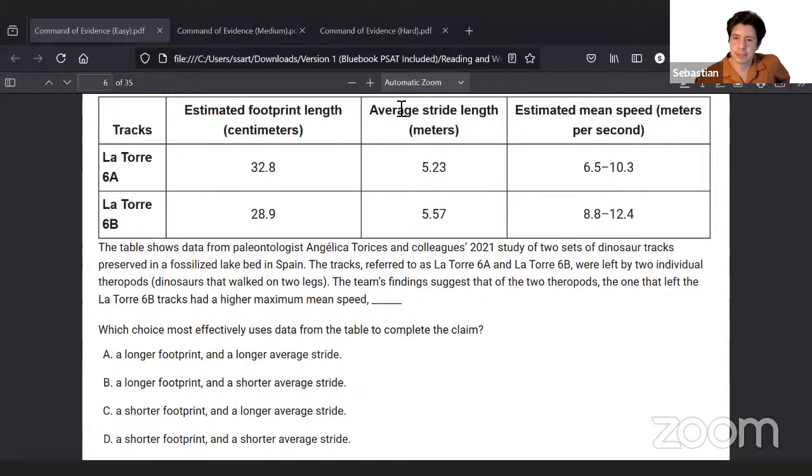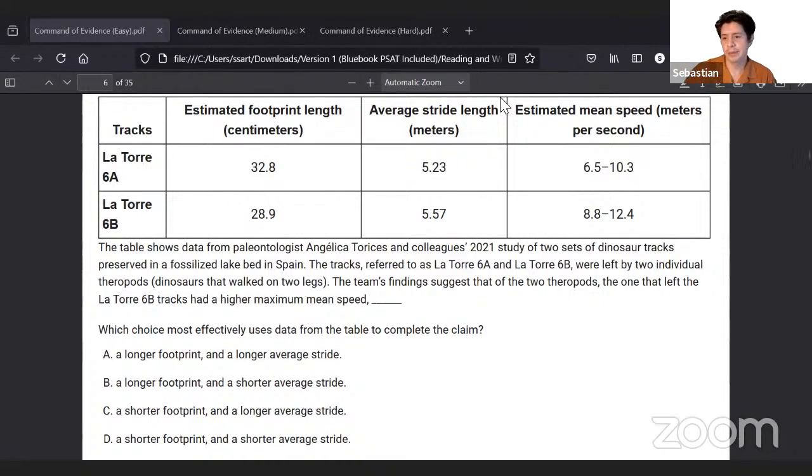The team's findings suggest that of the two theropods, the one that left Littoral 6B tracks had a higher maximum mean speed. Okay. Which choice most effectively uses data from the table to complete the claim?